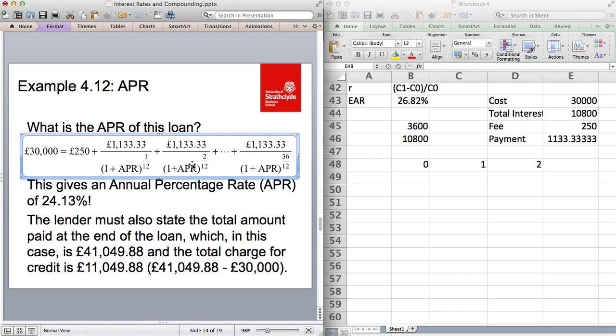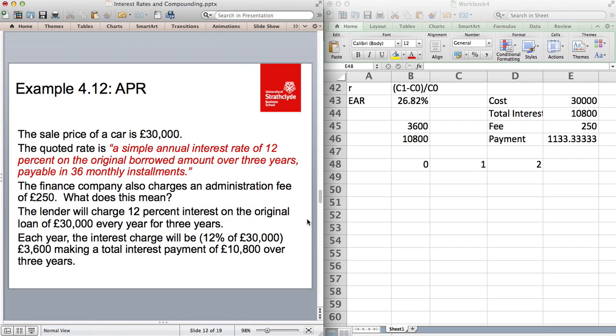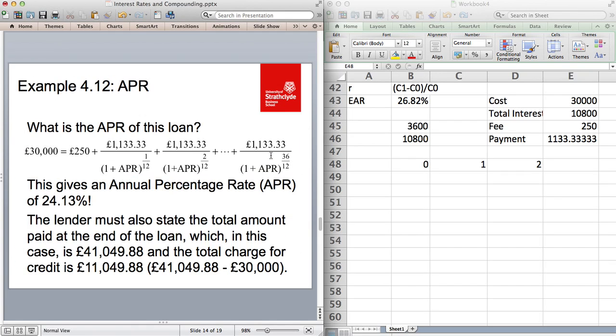Now, if you solve this equation for the APR, you get a rate of 24.13%. So compare that to the original rate that you're quoted. You're quoted 12%, but in actual fact, the real rate is 24%.